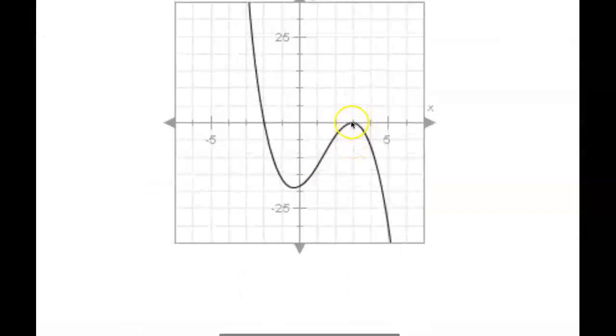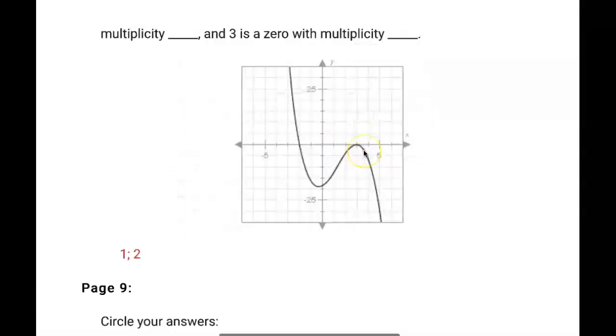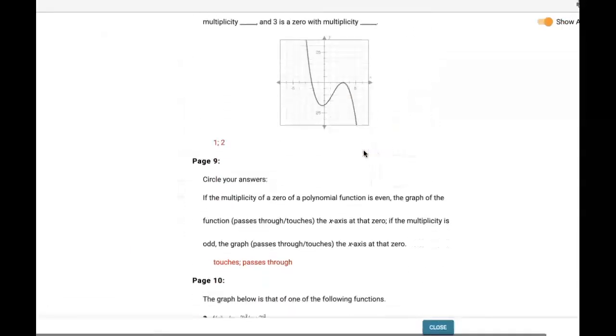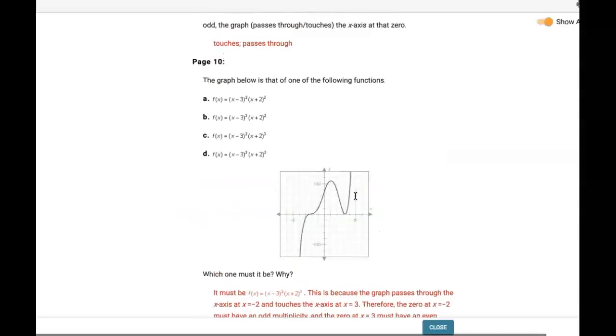It has to just be touching, and sometimes it's hard to see on these if you don't zoom in that it's just touching, because we could have had this go up and down very, very slightly, so be really careful of that. If the multiplicity of a 0 is odd, then the graph passes through.